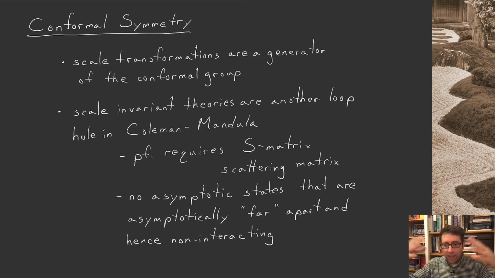It's hard to get these asymptotic states where the forces die off and you can think about the particles becoming independent again. So again, you don't have an S matrix in these conformally invariant theories, and so you can't prove Coleman-Mandula. Therefore, in these conformally invariant or scale invariant theories, you can non-trivially extend the Poincare group. So that's all I want to say about the loophole.